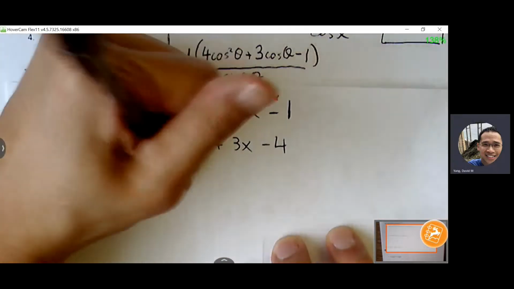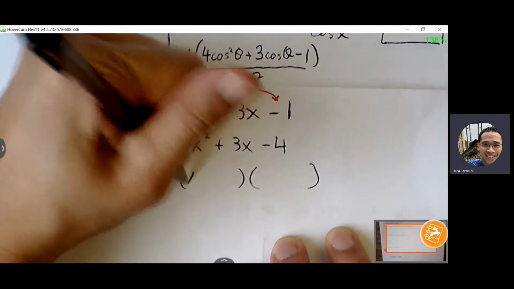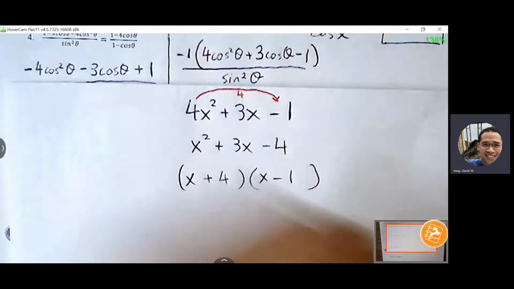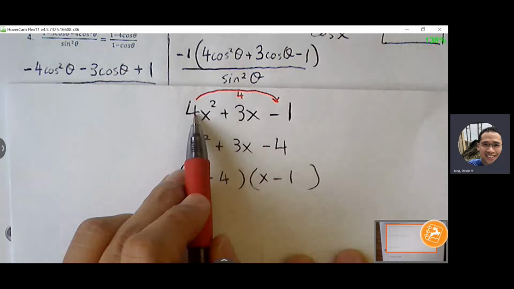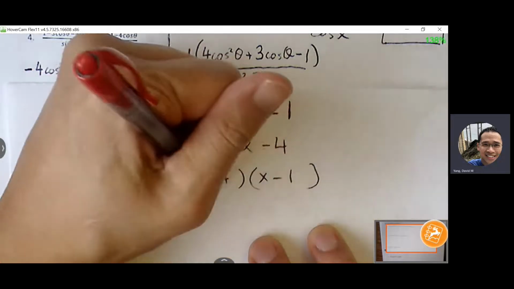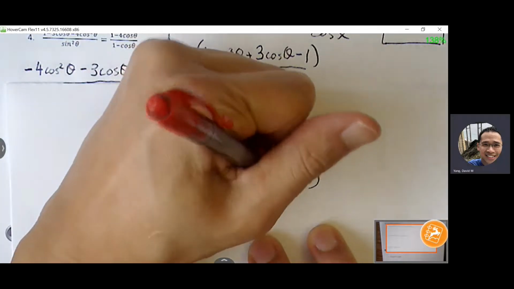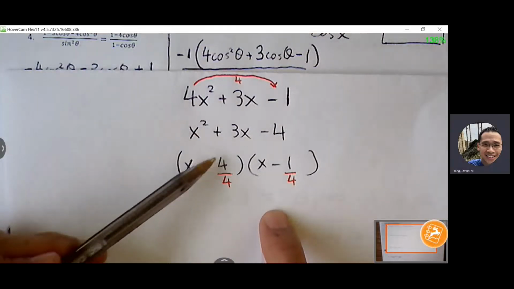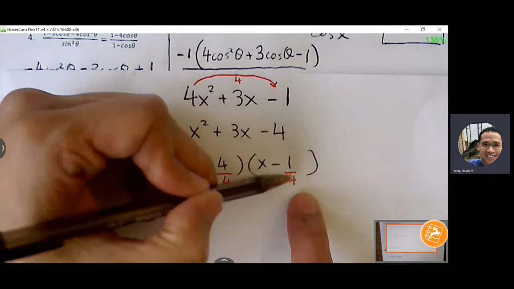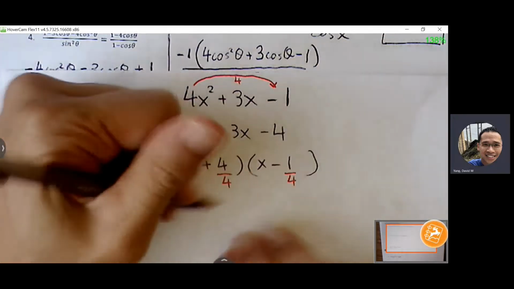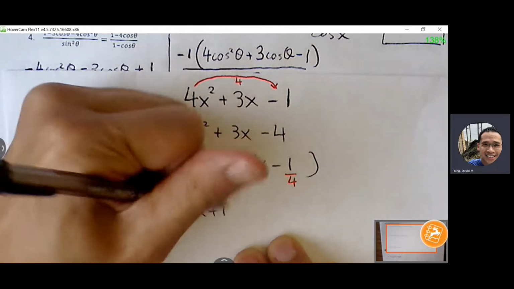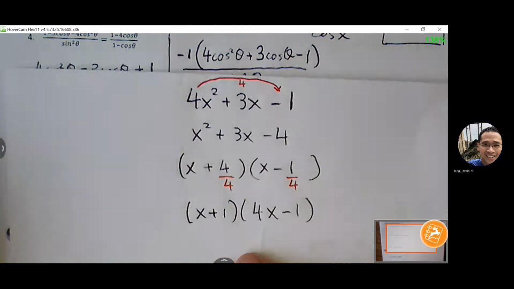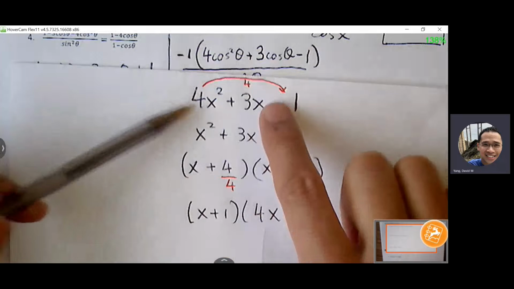Factor this out, multiplies to be -4, adds up to be 3. I get x plus 4 and x minus 1. However, there's that leading coefficient. We got to deal with that, so we have to divide by 4. Reduce if you can. If you can't reduce, you pull it out in front. I get x plus 1 and 4x minus 1. So this is factoring in terms of x.